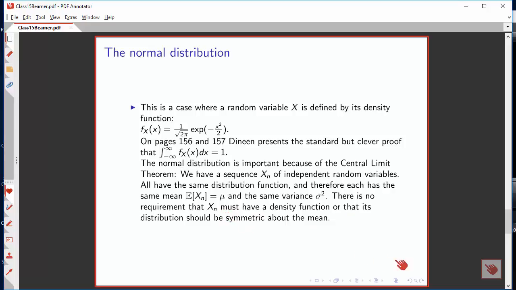X sub n could, for example, be a function that has the value 1 with probability 0.3, has the value 2 with probability 0.7. No density function there.